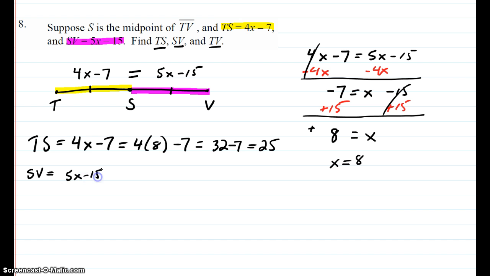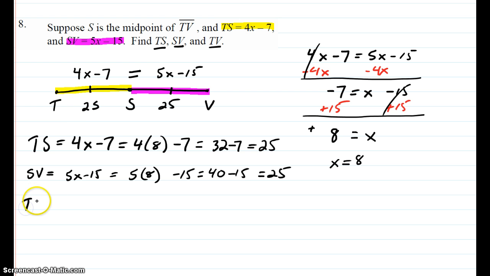And then SV is 5x minus 15. So it's 5, and remember x was 8, minus 15. So now we get 40 minus 15, which equals 25. And then TV. Well, we know that this piece is 25 and this piece is 25.